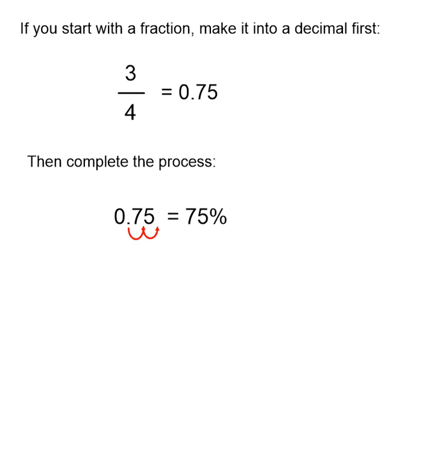If you start with a fraction that isn't out of 100, then make it into a decimal first. You can either do that on your calculator, 3 divided by 4, or some fractions you probably know the decimal equivalent. And then once you've got it in decimal form, you use the other techniques to get to percent.